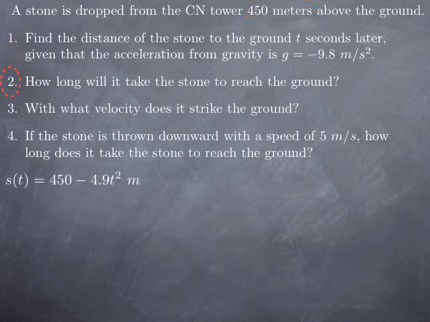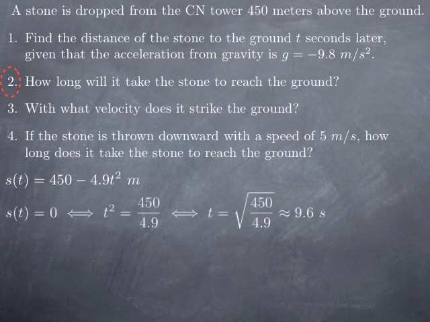The second question is, how long does it take for the stone to reach the ground? Reaching the ground means the distance to the ground is 0. In other words, we want to know for what t the position s of t is equal to 0. So we set s of t equal to 0, and that means 450 minus 4.9 t squared is 0, which means t squared is 450 over 4.9, or in other words, t is the square root of 450 divided by 4.9.